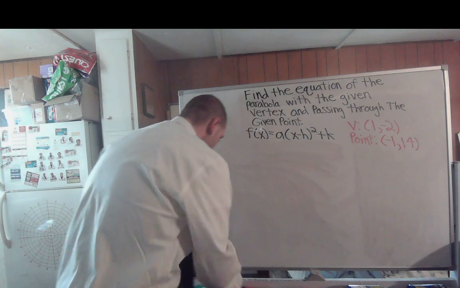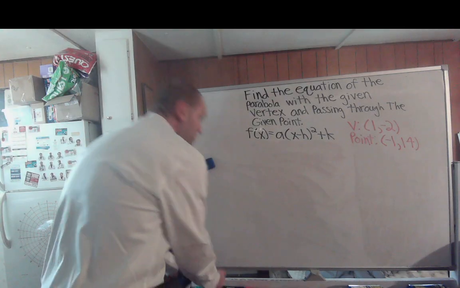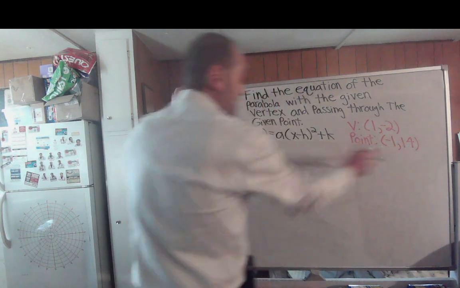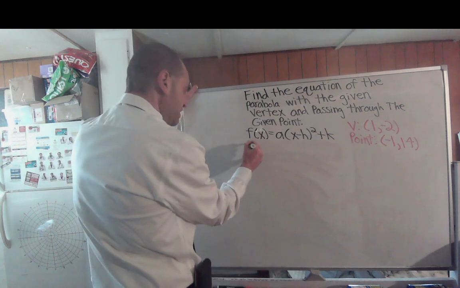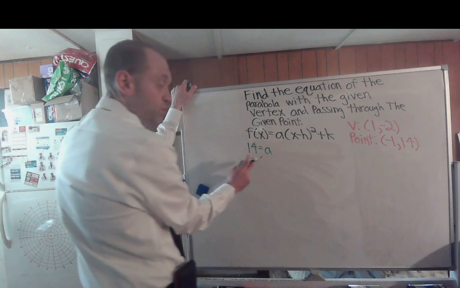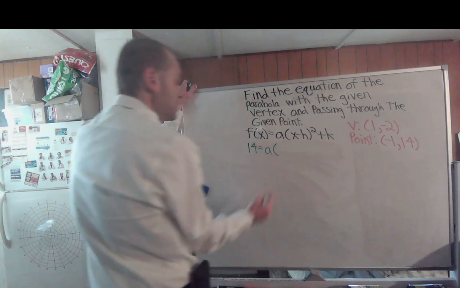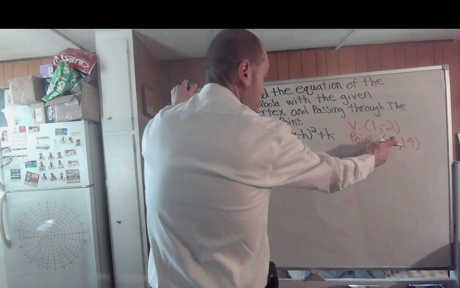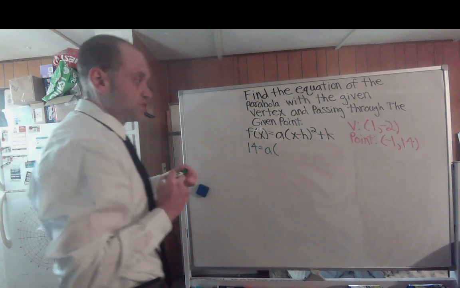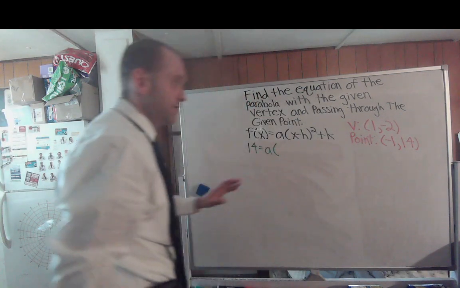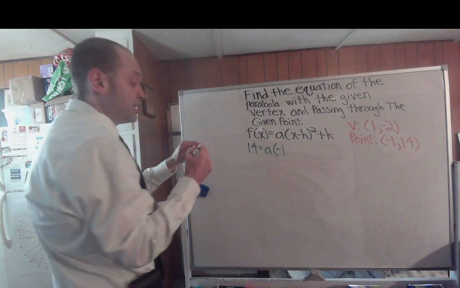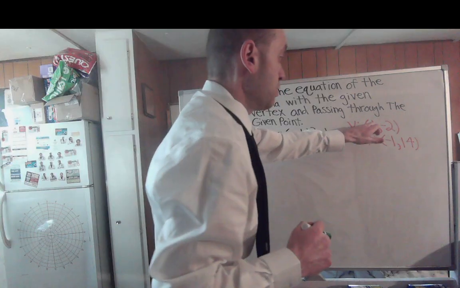So let's go ahead and start solving this here. So that point for your y, that 14, will be substituted in for f of x. That's going to equal a, which we don't know yet, times that x, which is your point. You take your points, you'll substitute that in for the x and y value. So x would be negative 1 minus your vertex coordinate of 1.